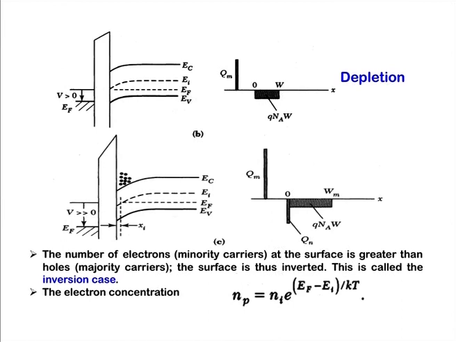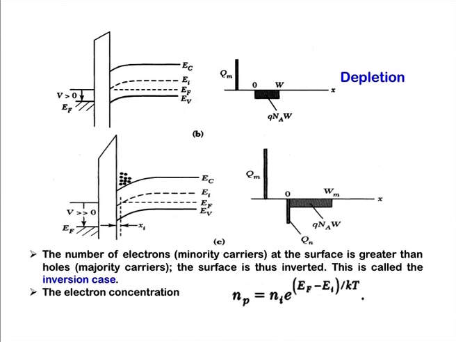And again if we will increase the voltage, here the Fermi level, intrinsic Fermi level Ei will come below the Fermi level. In that case the surface layer is inverted from p type semiconductor to n type semiconductor, and this case is called the inversion case.